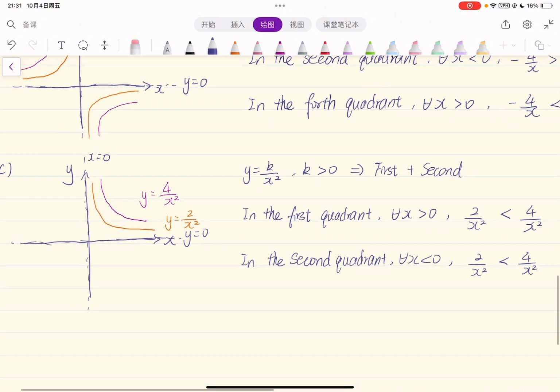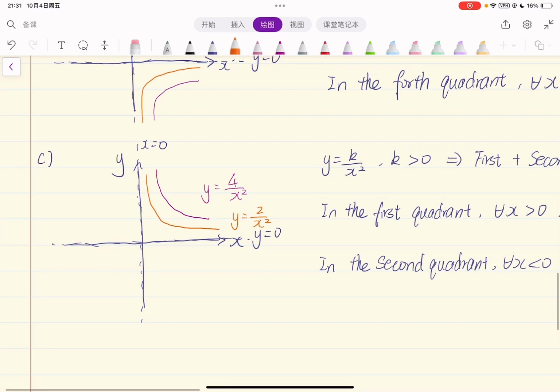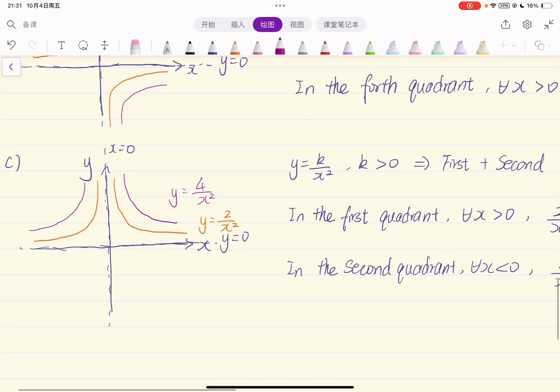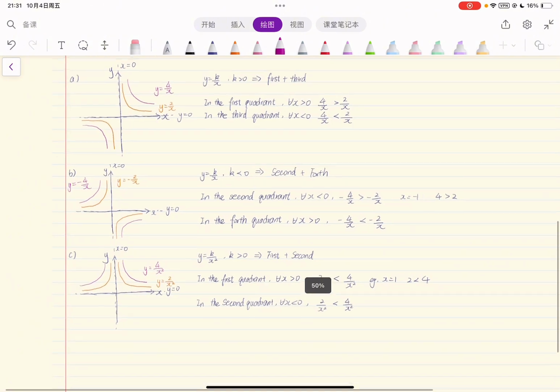Thus, the curve 2 over x squared is below 4 over x squared. So we draw that in the second quadrant. The orange line is below the purple line. So that is for the part C question.